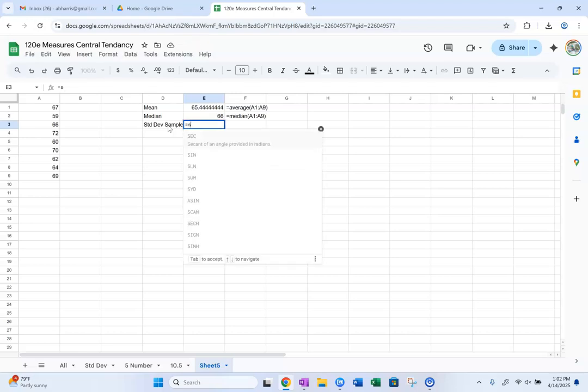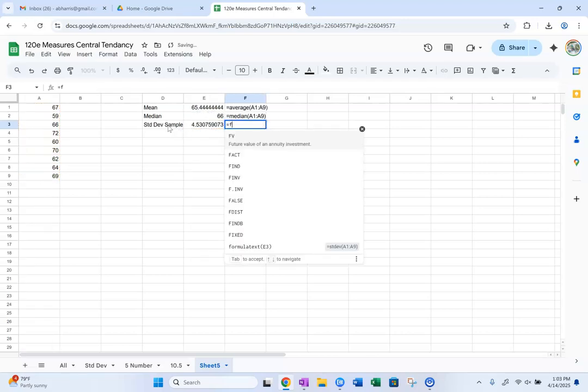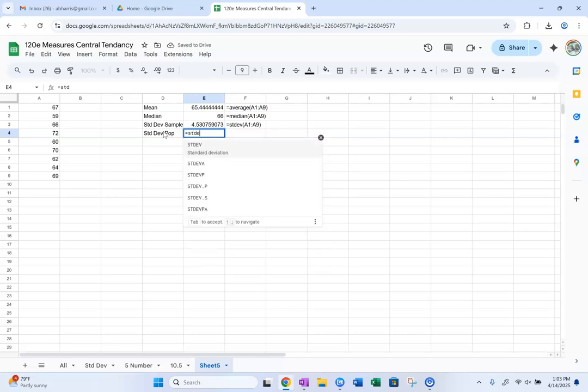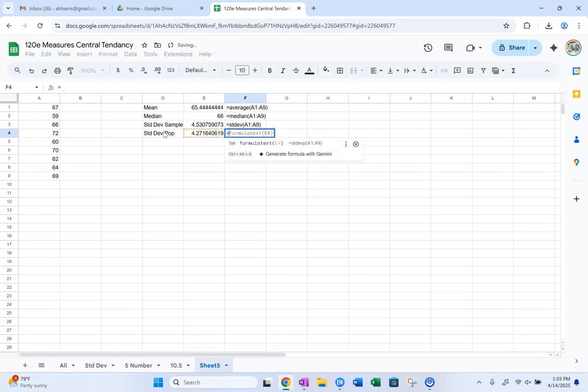So equals STDEV A1 to A9. Now let's do standard deviation of the population, equals STDEV.P A1 to A9.